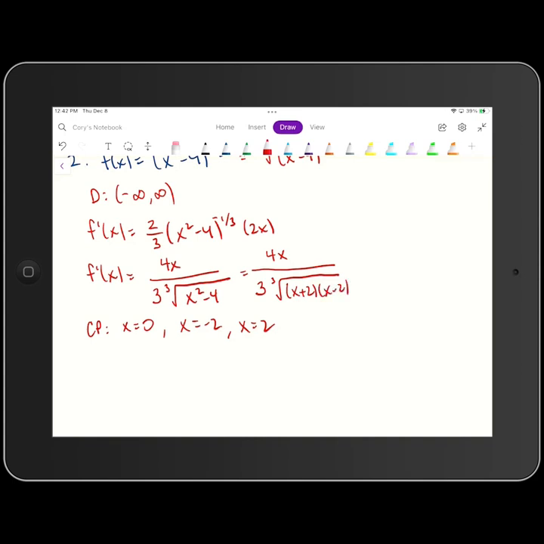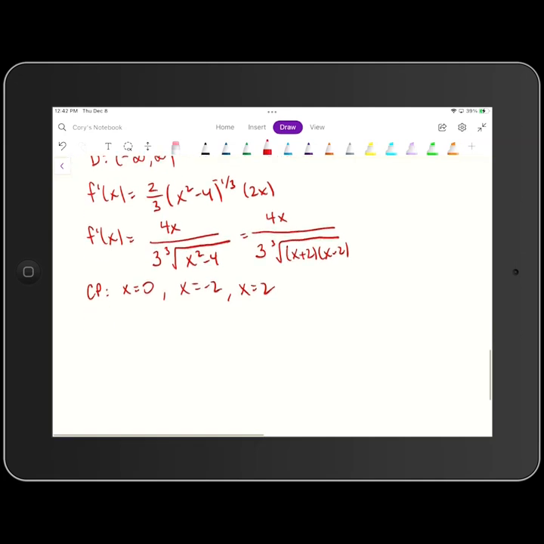And I think that's going to help you when making your sign chart for f prime. Okay, so next we're going to make our sign chart for f prime. When we list the critical points in order from smallest to largest, we have -2, 0, and 2.